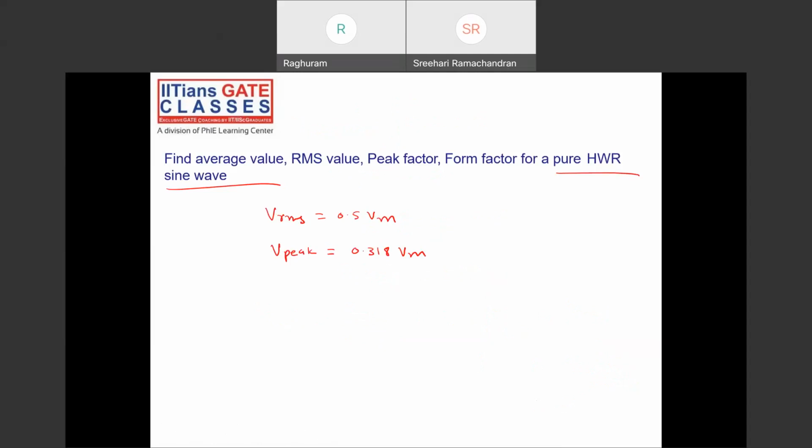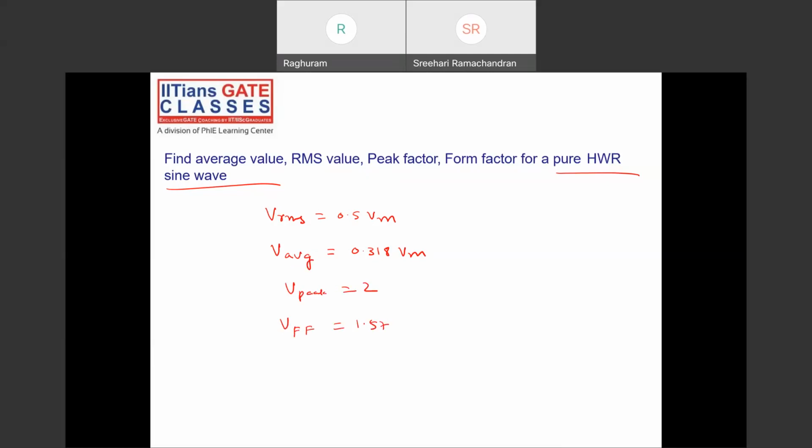Sorry, this is average value. Next, peak factor is 2. Form factor is 1.57. These are important. You should always remember these.